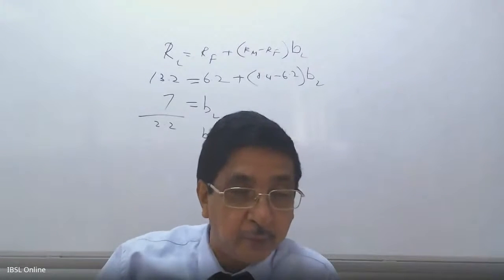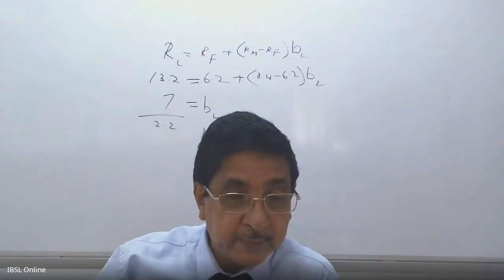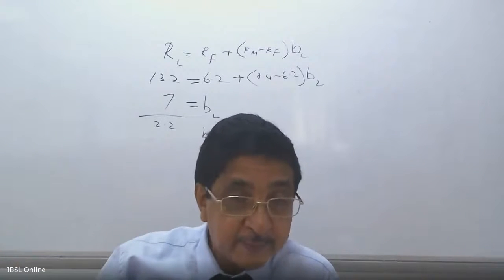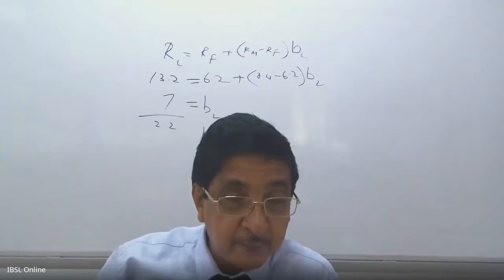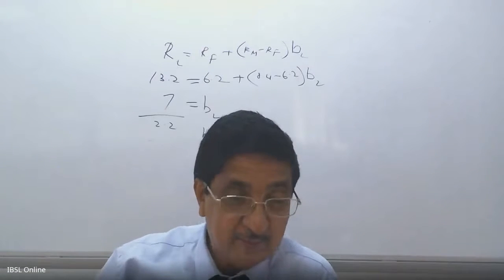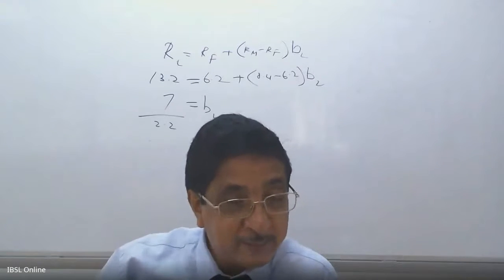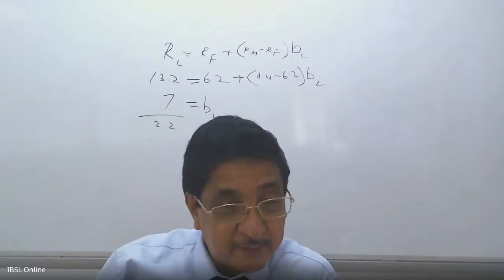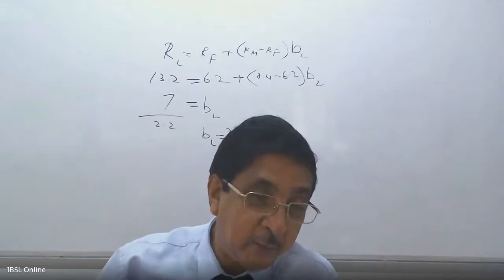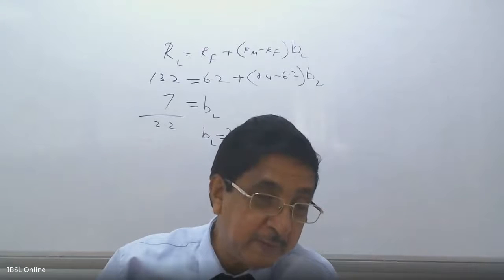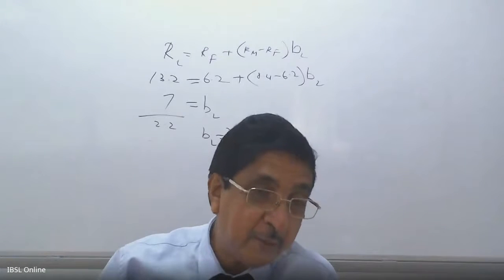Now, I think all of you now understood. Sometimes in the sum itself, you might not get beta. You might not get the standard deviation, where you have to make use of the given information and find out those things.